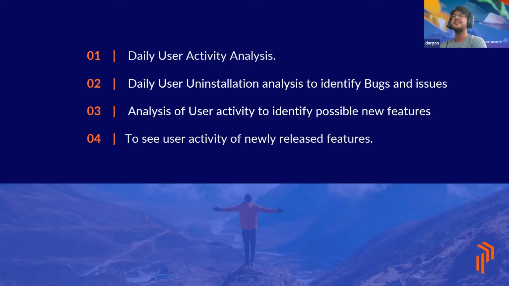No matter how hard you try to optimize it, you will always be surprised seeing some of the crazy bugs out there. So we started to analyze each newly released feature, and we fixed each and every bug after analyzing the feature using Hotjar.